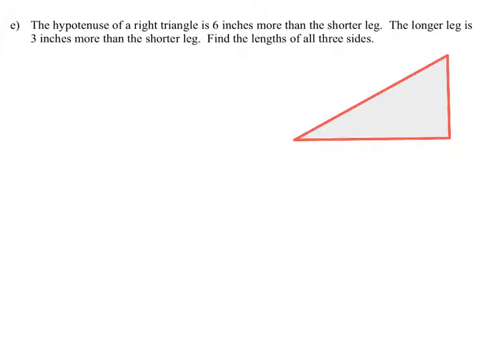In order to solve a problem that involves the side of a right triangle, we can use the Pythagorean theorem that says if we have sides A, B, and C, where A and B are the legs of a right triangle and C is the hypotenuse, then A squared plus B squared is equal to C squared. And we're given some information about the lengths of each of these legs. We know, let's begin with the shorter leg.